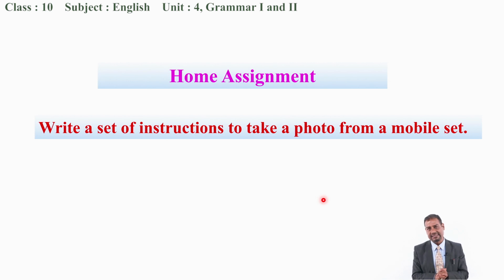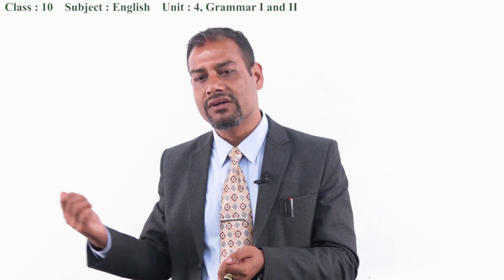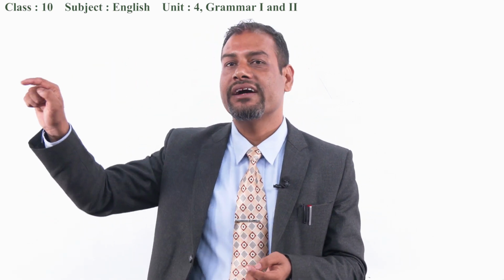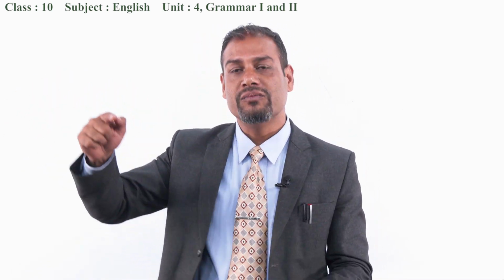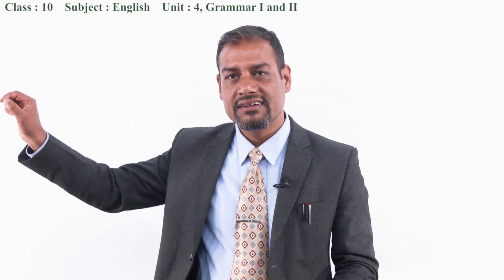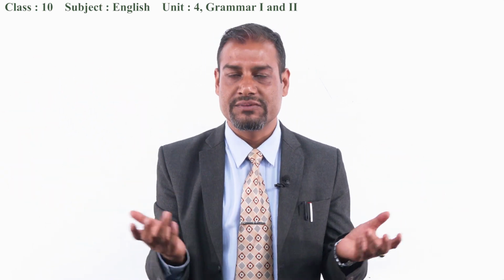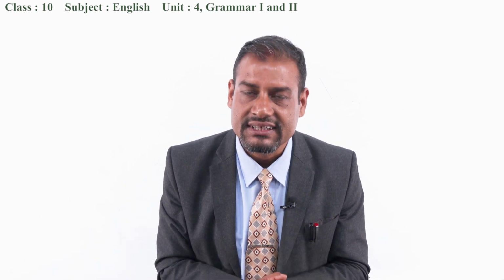You can use affirmative imperative sentences, and you can use negative imperative sentences. For example, you can say, unlock your mobile set. Then go to the camera icon. See, unlock, we are using a verb; go to the camera icon, again a verb, imperative sentence, okay? This is how you have to do this task. Is it clear to you?